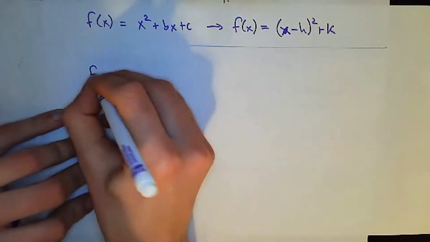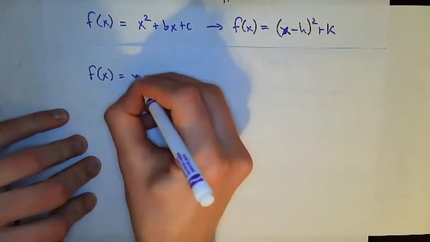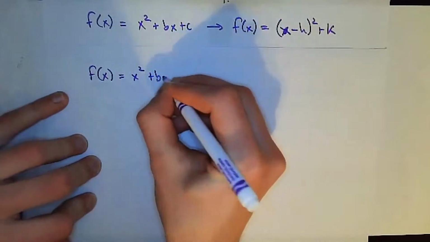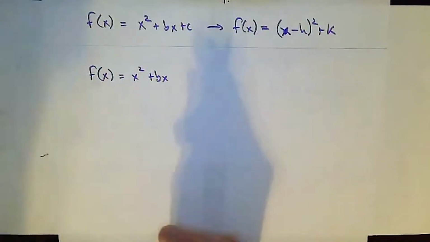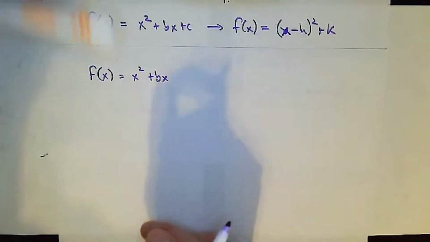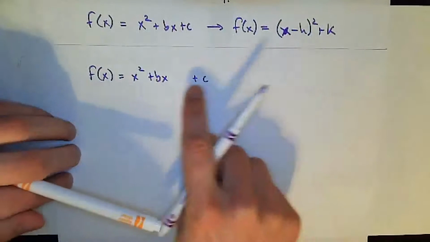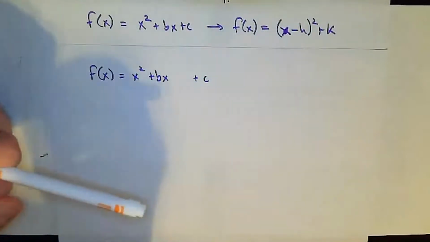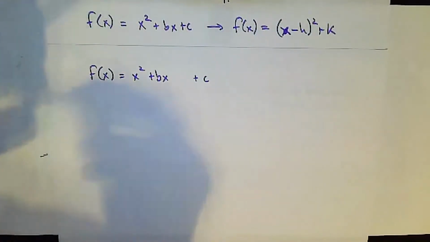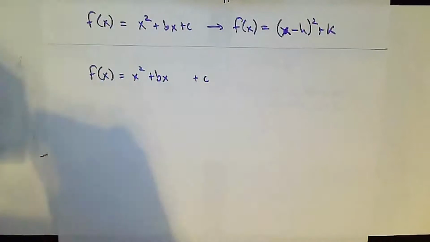So what are we going to do? We're going to take f of x equals x squared plus bx, and we're going to add something and subtract something. So I'm going to leave a little space, and then I'll put my plus c. Then I'll add something here and subtract something out here. What am I going to add?